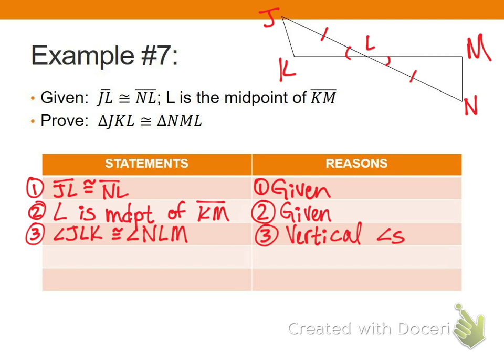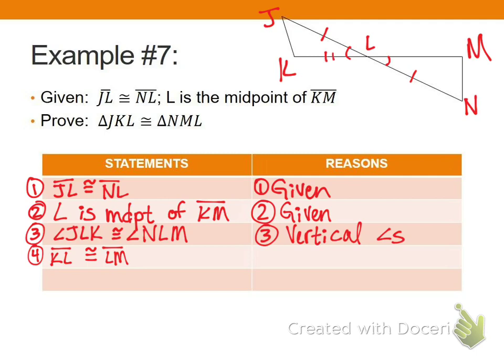Let's go back then to our given information. We marked that JL and NL were congruent, so we can move on. L is the midpoint of KM. What does that tell us? Good. If we have a midpoint, we know that a midpoint acts kind of like a bisector would. And KL would be congruent to LM.